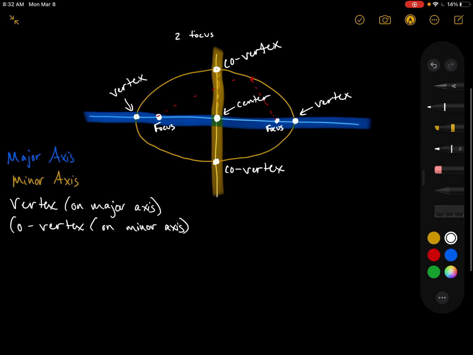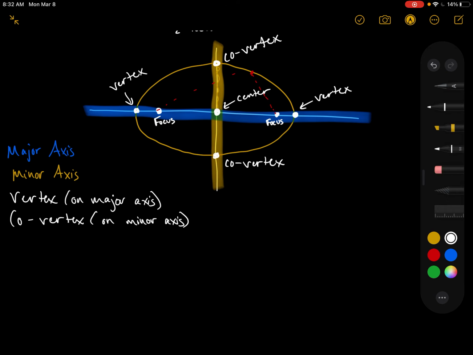So now that we are here, some equations that we can take based off of this. So this would be one with a major axis on the x-axis. It would be as follows: x squared over a squared plus y squared over b squared equals 1.